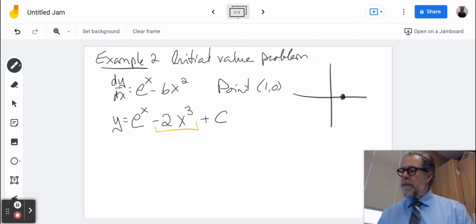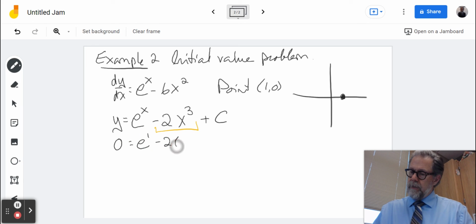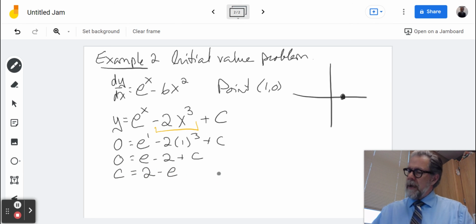Now, because this goes through the point 1, 0, I can substitute. And what I see is that I've got e minus 2 plus c equals 0, which means that my constant is 2 minus e. Whatever this function looks like, I have absolutely no idea, but it goes through that point right there.